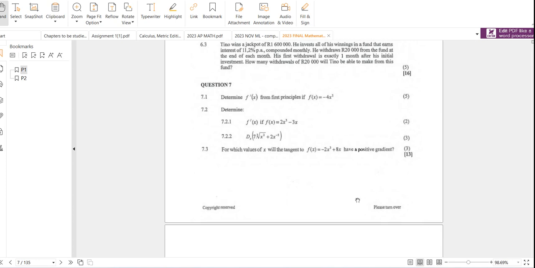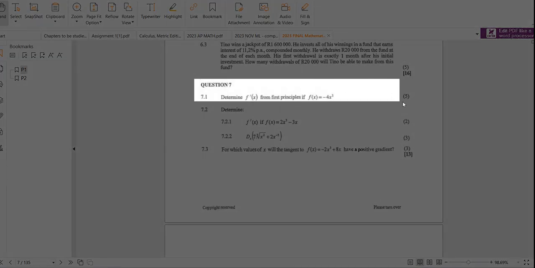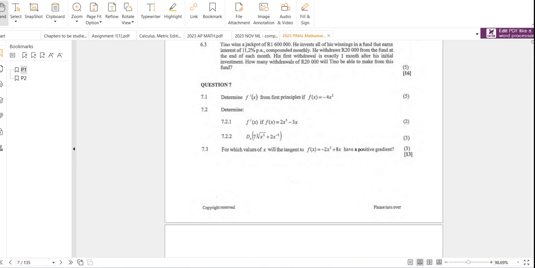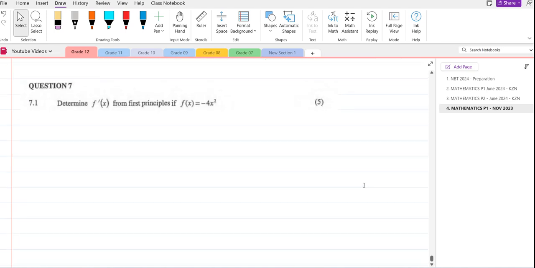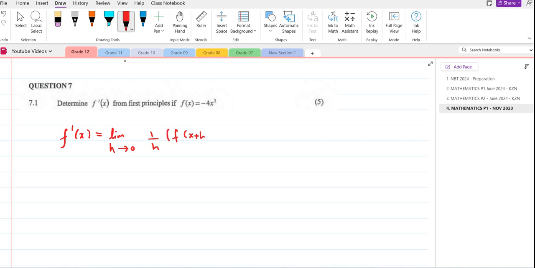Question 7, we're applying first principles here. To solve first principles, we can write down f prime x is equal to the formula: limit as h approaches 0 of f of x plus h minus f of x, all over h.